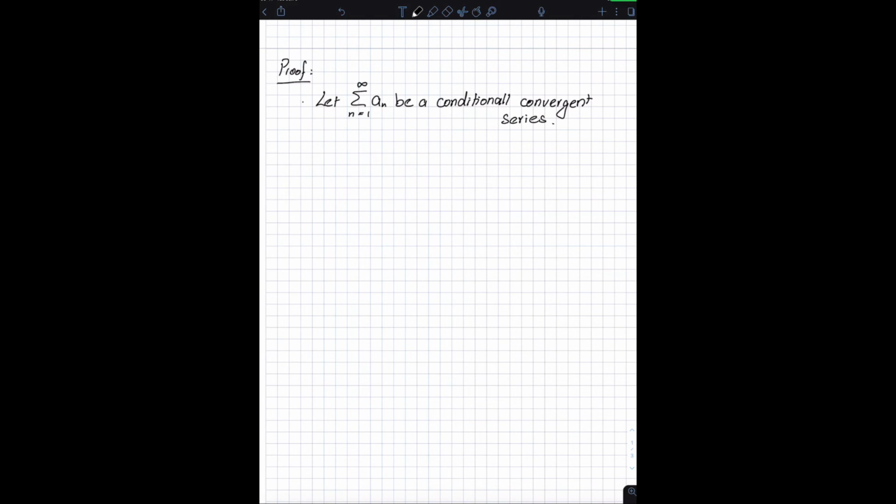Then what I want to show is that for every real number s, there exists a permutation, I'm going to use alpha, of the set of natural numbers. Another way of saying the same thing: there exists a bijective function that maps from the set of natural numbers to the set of natural numbers, such that the summation from n equals 1 to infinity of a of alpha n is equal to s.